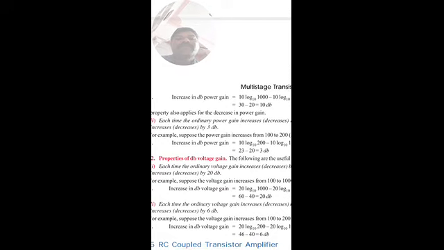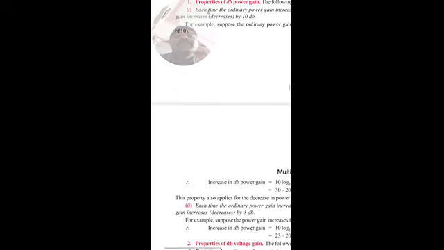Properties of dB power gain. These are the useful rules for dB power gain.